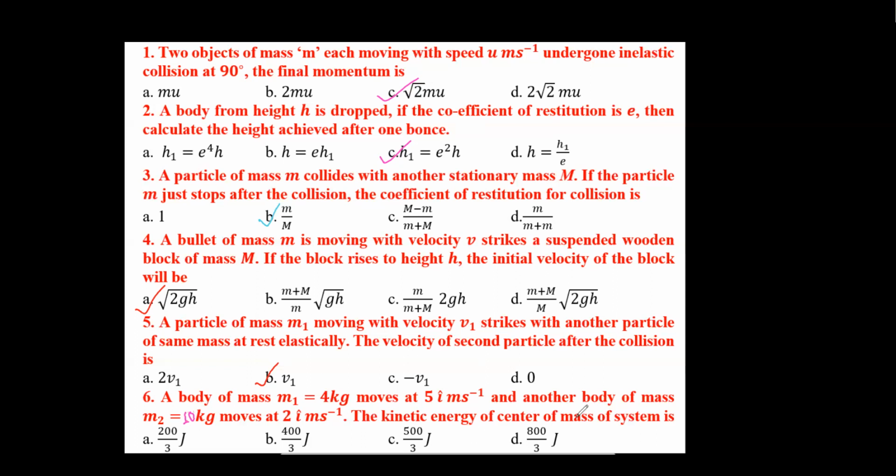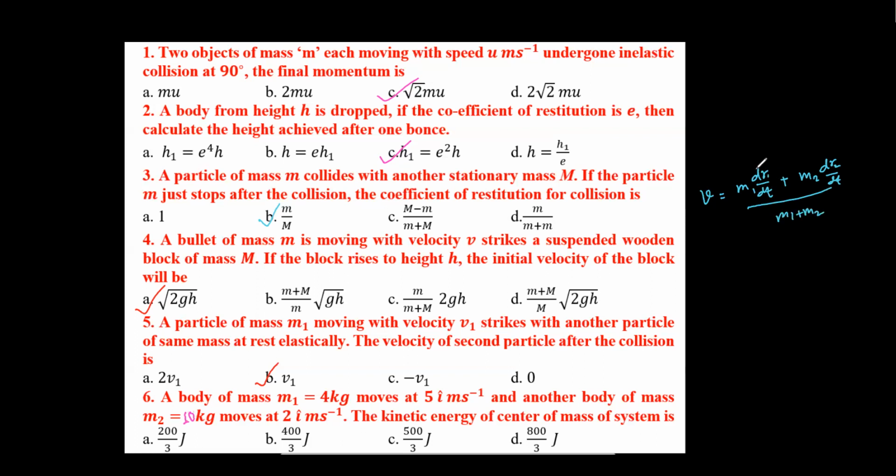We have to calculate the kinetic energy of the center of mass of the system. First of all, we have to calculate the velocity of the center of mass, and you know well, the velocity of center of mass is m1 dr1 by dt plus m2 dr2 by dt, divided by m1 plus m2.